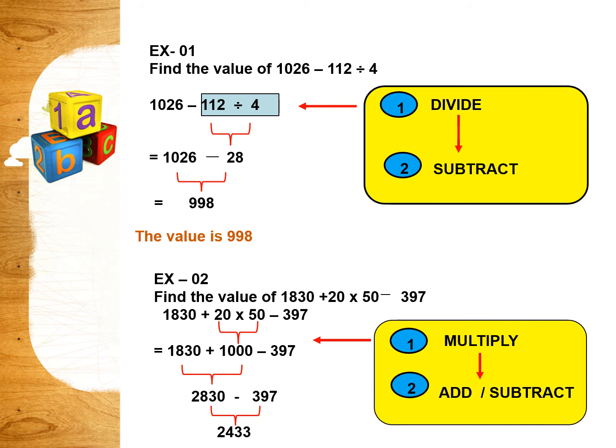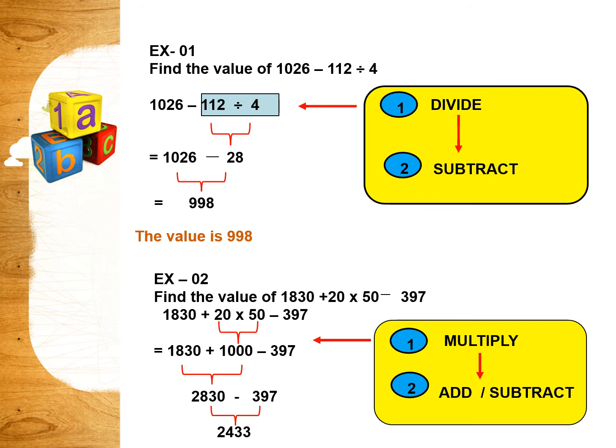So you can take the division part first. First take 112 divided by 4. The answer is 28. You have to take division first before doing addition and subtraction.